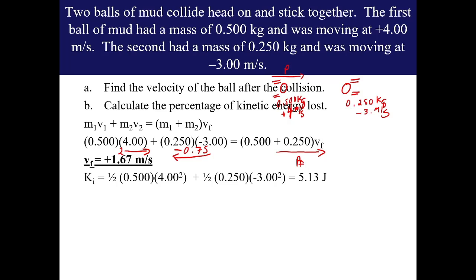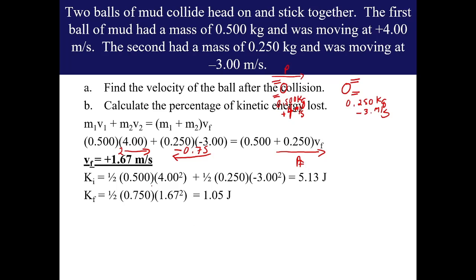Now, the energy for the one that's moving in the negative direction won't end up being negative, because negative 3 squared is positive 9. So the kinetic energy will be positive for both of them. There usually isn't negative kinetic energy. You don't think about it that way.